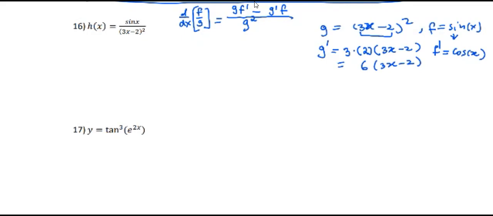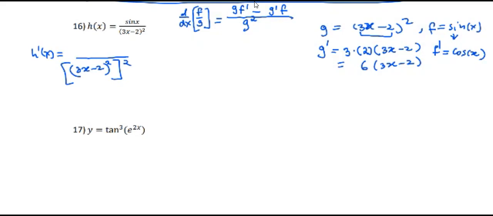Okay, so now we have all the values we'll need. So h prime of x is equal to, well, we take g of x, so we'll take 3x minus 2 squared, and we need to square this. And then we come up here and say we need g.